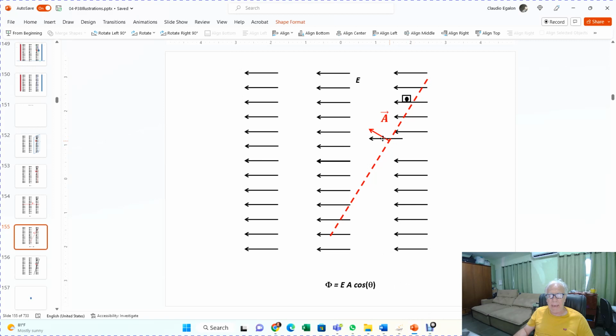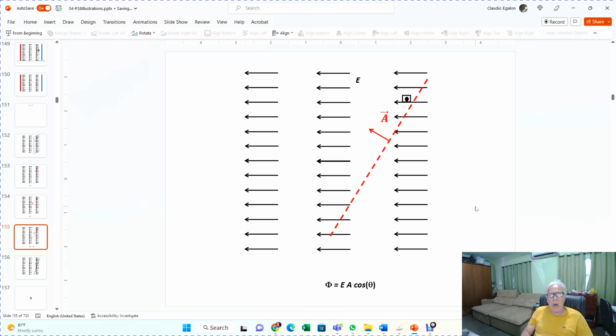And by angle between them, I mean the angle that you get whenever the two vectors are placed tail to tail. That's the idea that I want you to have about the electric flux.